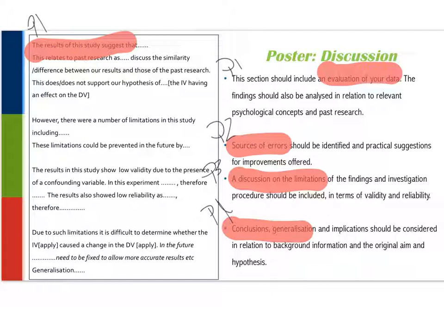For example, all you'd say is the results of this study suggest that those who use context-dependent cues will have higher recall, in brackets, you're putting in that operationalized DV or the means, as compared to those who do not use context-dependent cues when encoding and recalling information. Again, you're putting in those means.